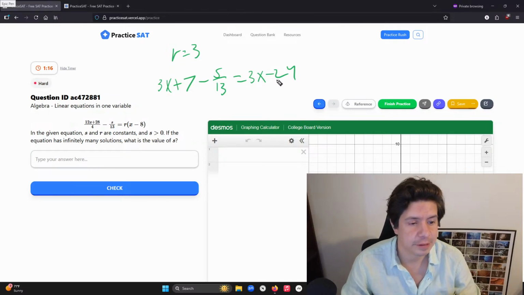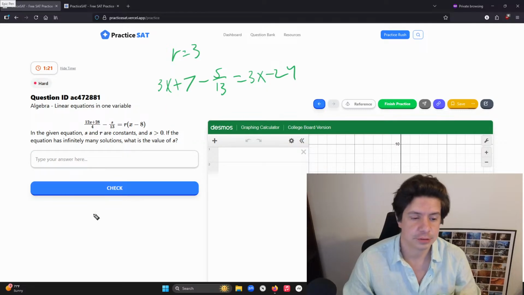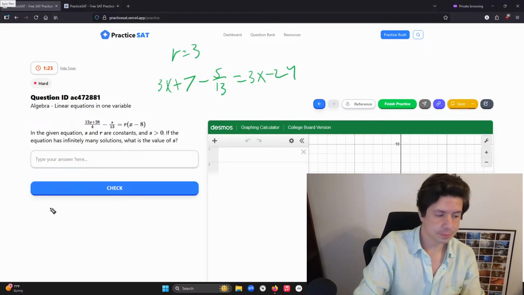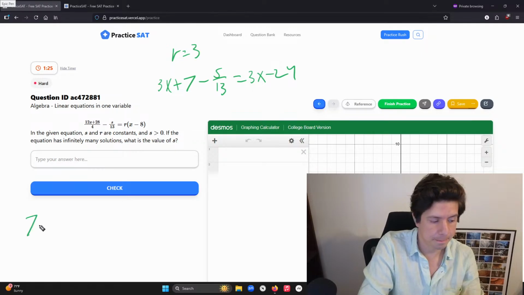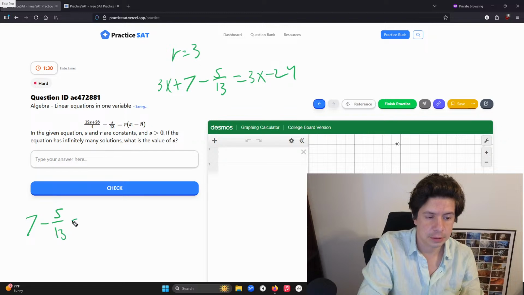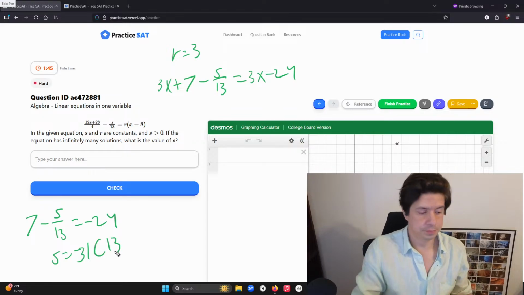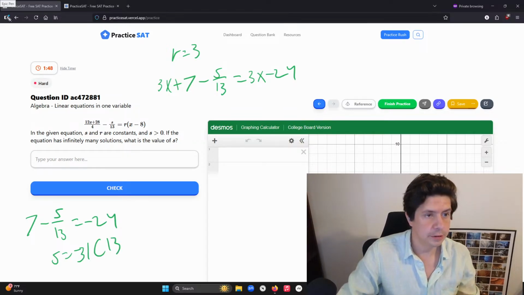So then if they have infinitely many solutions, what is the value of s? So basically we're going to do 7 minus s over 13 equals negative 24. We're going to subtract 7 and multiply by negative 13, so s is going to equal negative 31 times 13, which we can do right here.